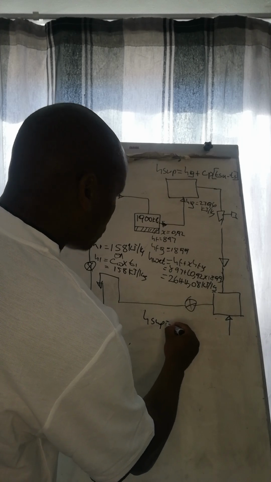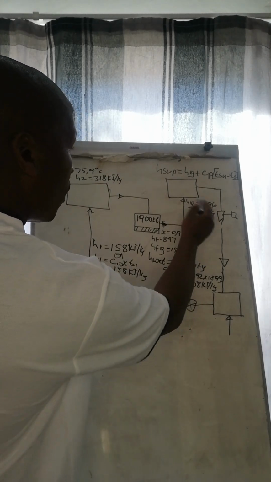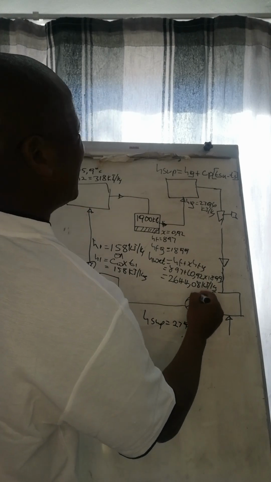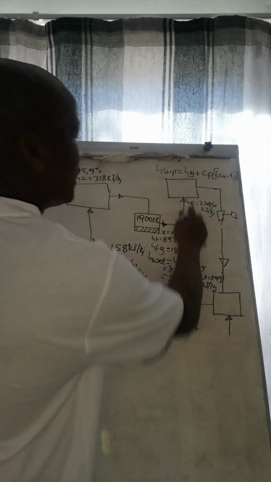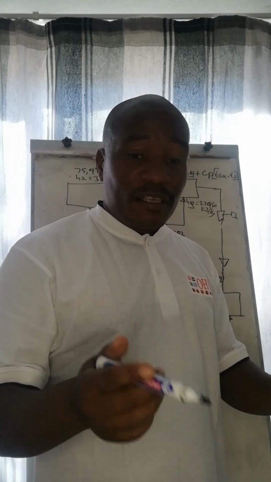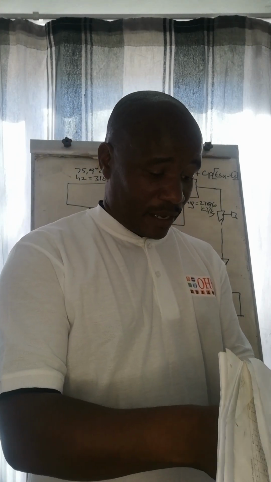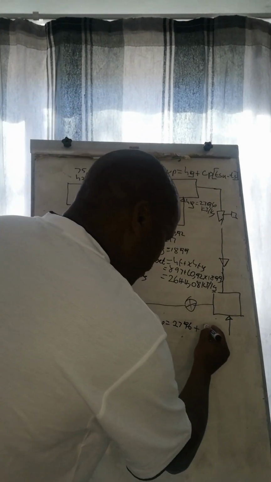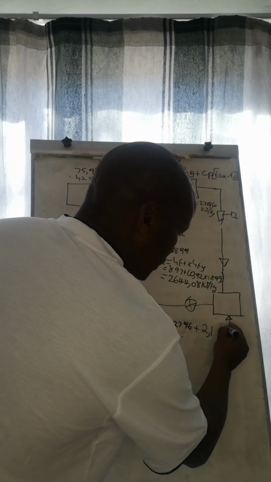Now that we've got this one, H sup is equal to how much? 2796 plus, let's make it more practical. You don't check, but just check in class if maybe you are given. The specific heat capacity of superheated steam is 2.1.